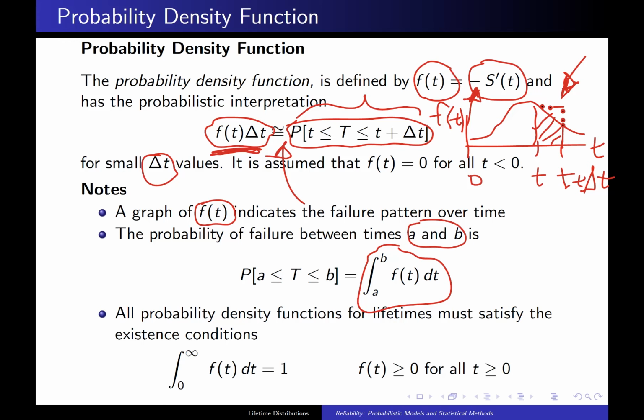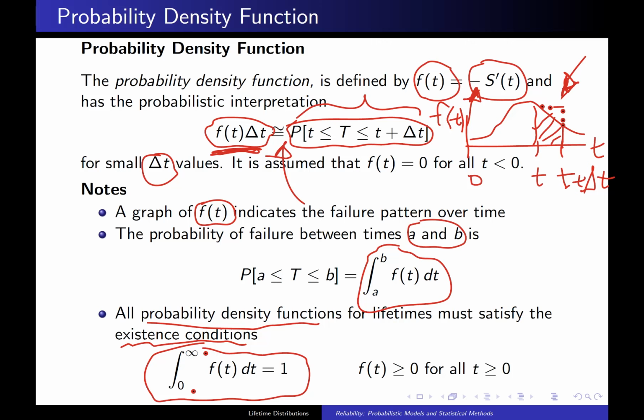Now you remember for the survivor function there were 3 existence conditions. For a probability density function there are 2 existence conditions, and the first is that the integral from 0 to infinity of f of t dt is equal to 1. You're used to seeing this as the integral from minus infinity to positive infinity is equal to 1.